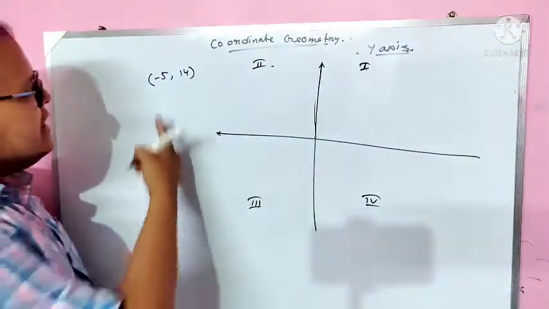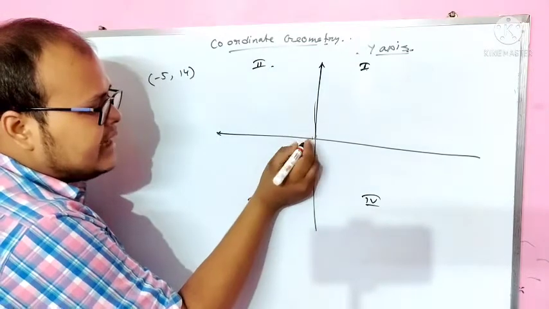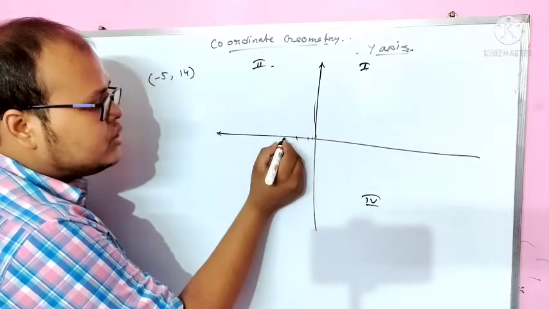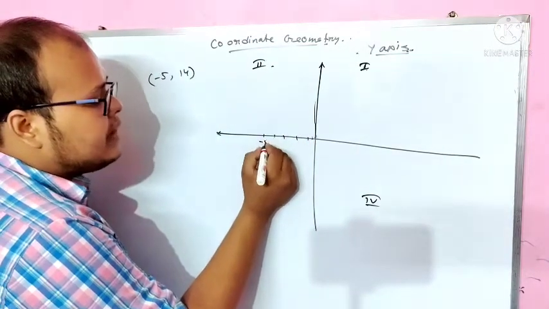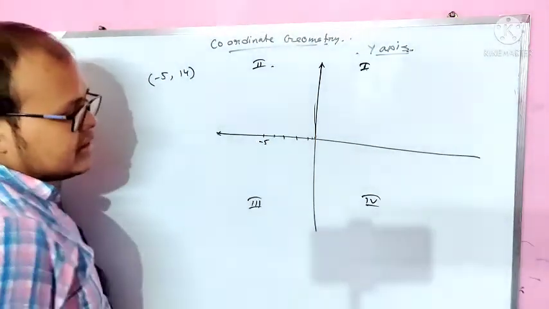So minus 5 comma 14 means along the x-axis, from the negative side, it will come 5 units. 1, 2, 3, 4, 5. The grid lines will be given in your graph sheet, so you can plot the points.